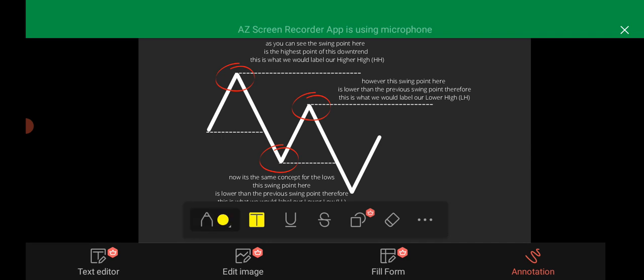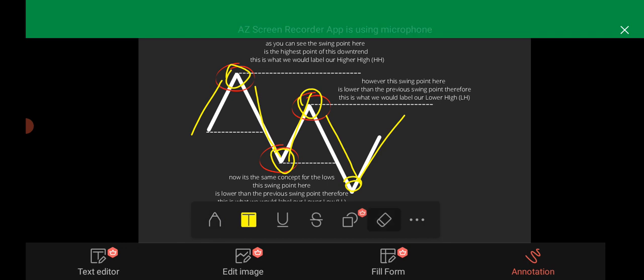Here you can see the market was moving up, and when it reached here, it turned to the downside. When it reached here, it turned to the upside. And then here, it turned to the downside, and here it turned to the upside. So these are swing points, the areas where the market is turning.